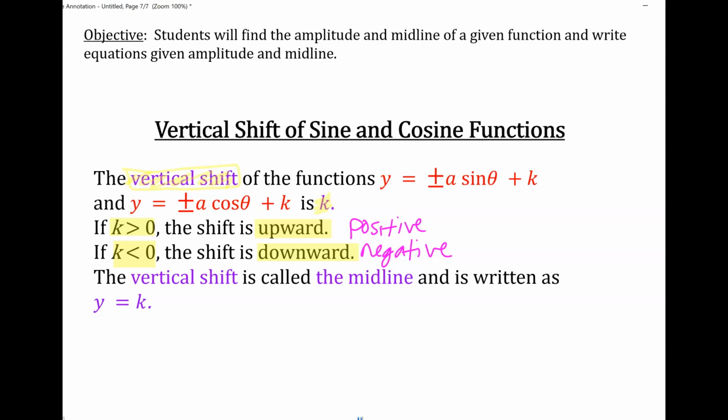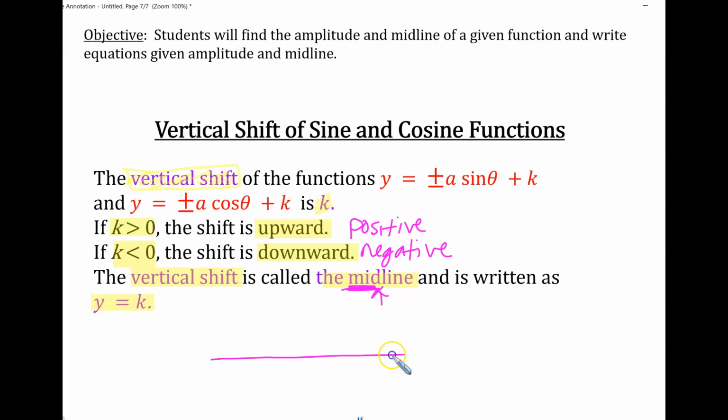And then we have the vertical shift here, still called the midline. So the vertical shift is the midline, and it's written as y equals k. This midline is basically the middle of the graph.